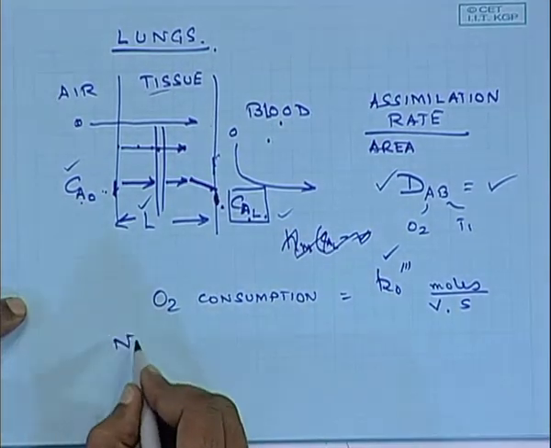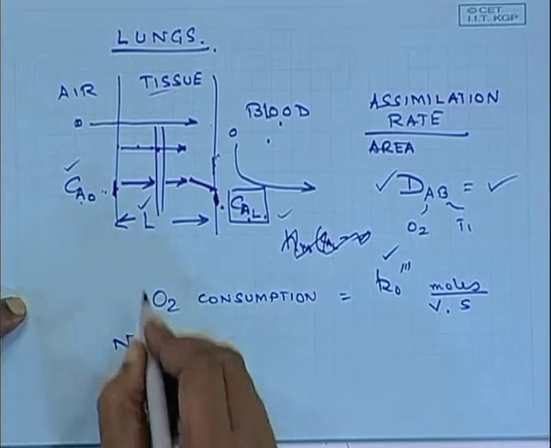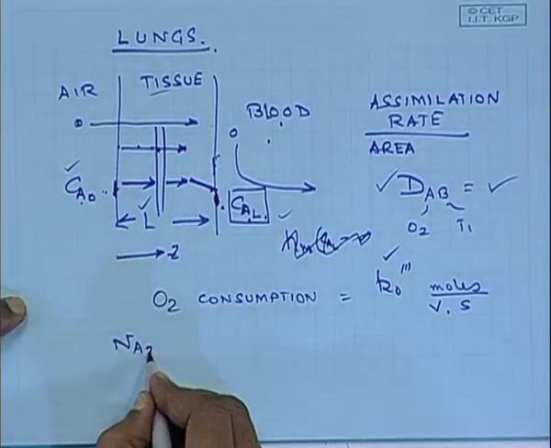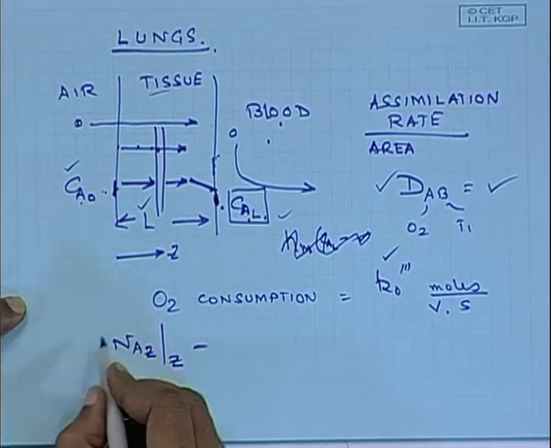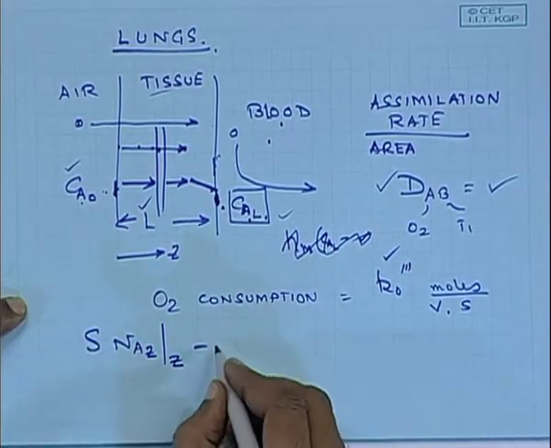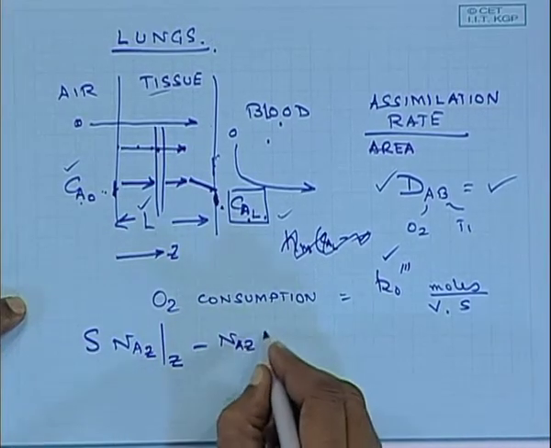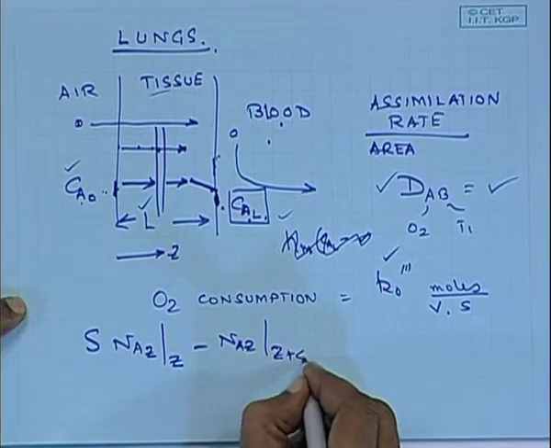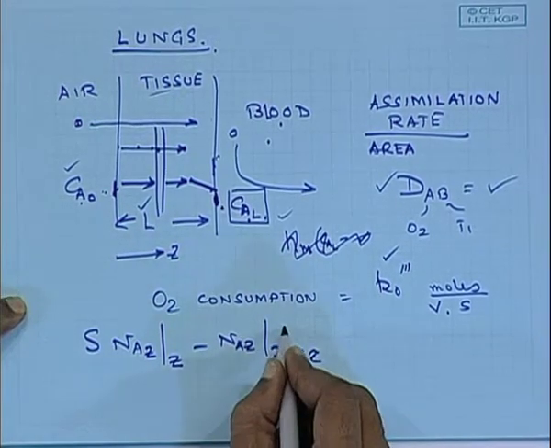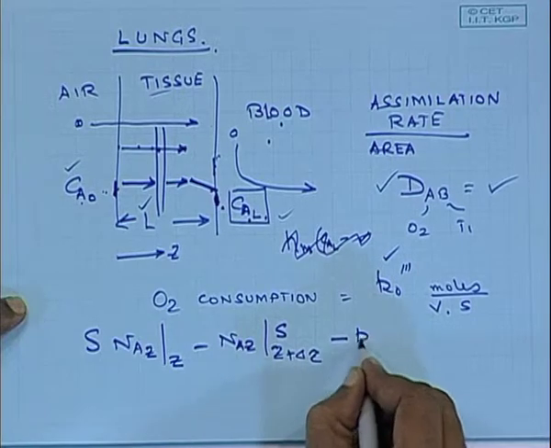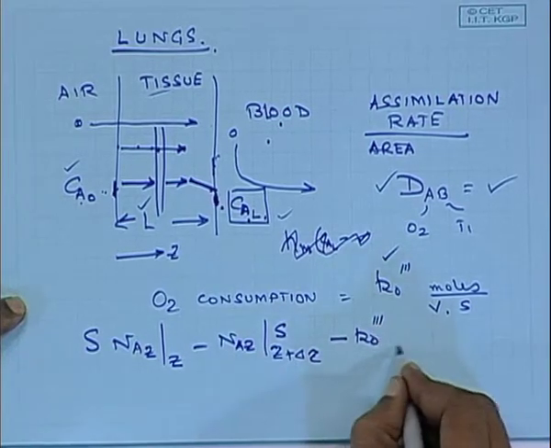So, the one that is coming in is NaZ, if I call this direction Z, NaZ at Z multiplied by a surface area, minus NaZ at Z plus delta Z multiplied by another surface area, minus K0 triple prime. What should I write here?